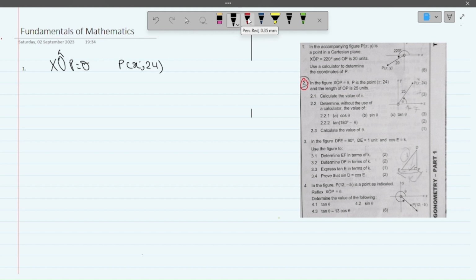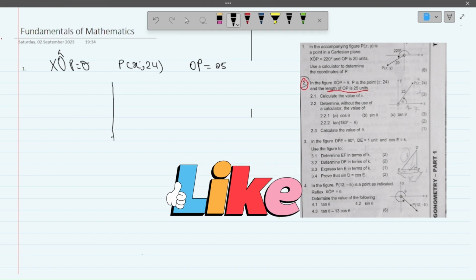The length of OP is 25 units. So I would like to firstly do a 2D graphical representation of this question, so that you can know exactly what you are dealing with.